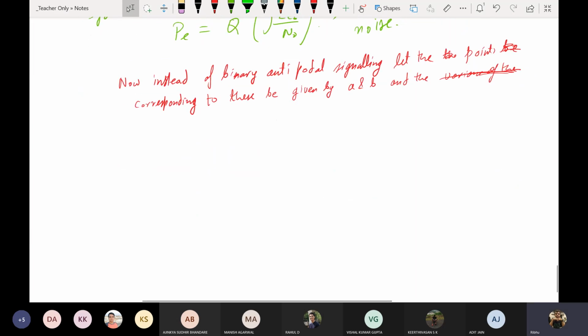So what we have now is A, B, and again you get similar points. You have to determine this threshold lambda.